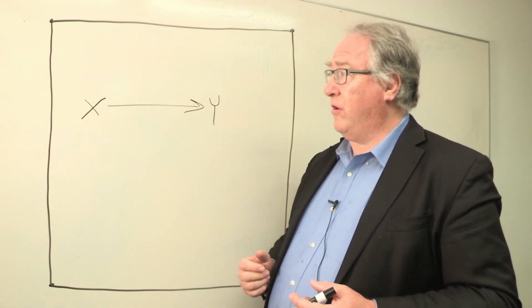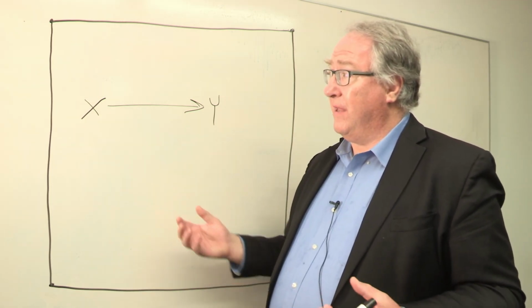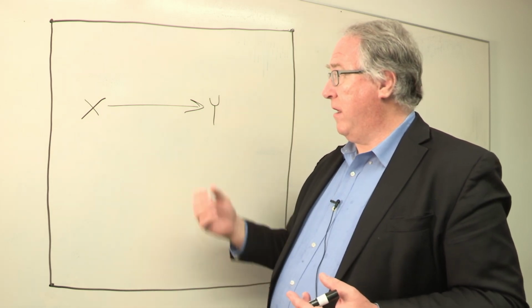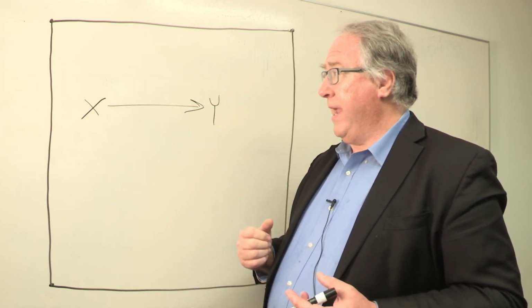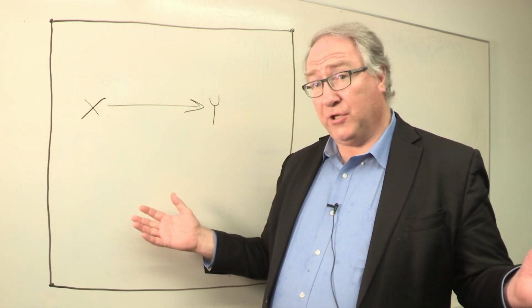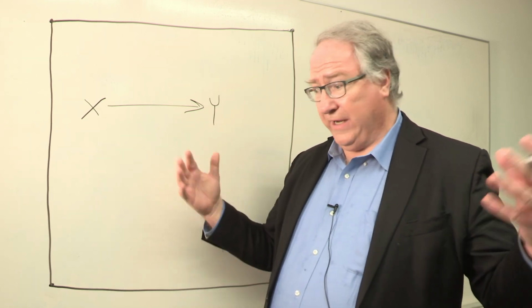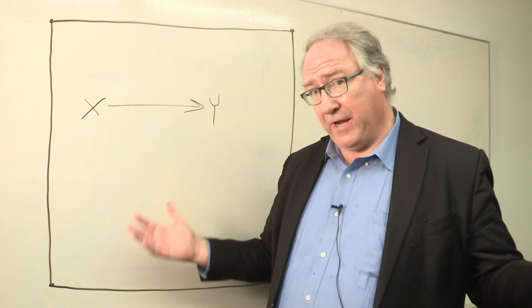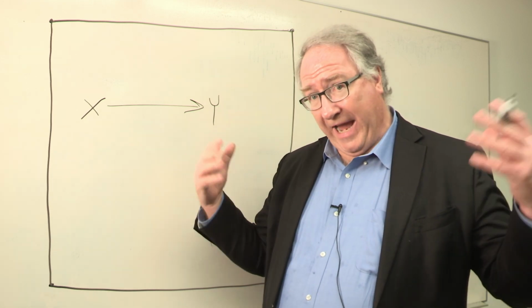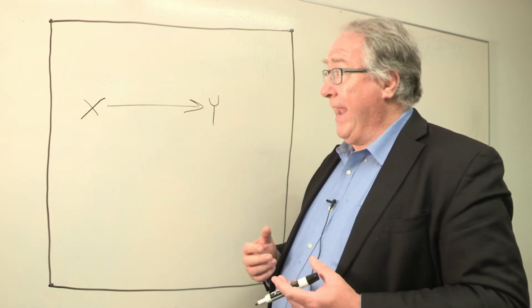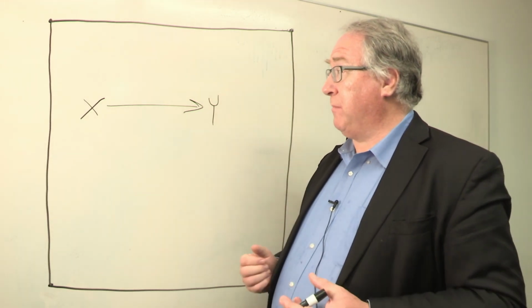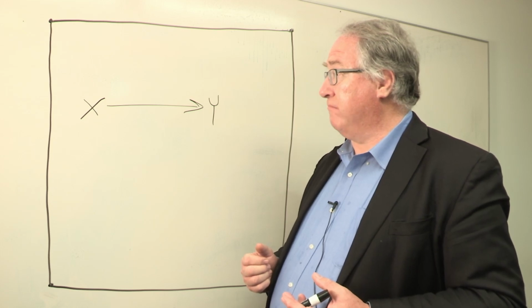This would be called the main effect of x on y, and it applies across a variety of differences among people. It doesn't matter with the main effect. All that is averaged across, and we're just talking about one effect of x on y.